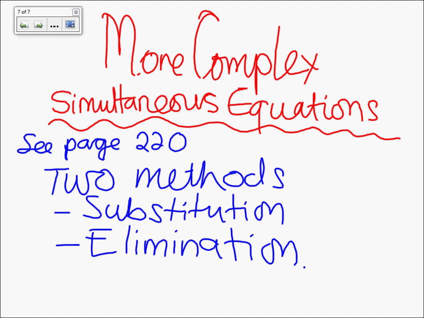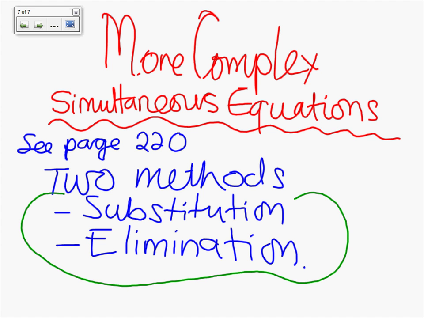These are the methods we broadly look at as we journey through this topic. Very important methods, and they're going to help you solve simultaneous equations. Now let's look at our very first example.